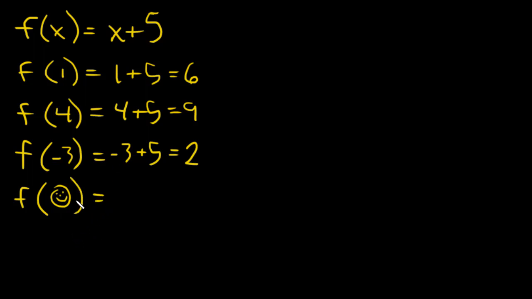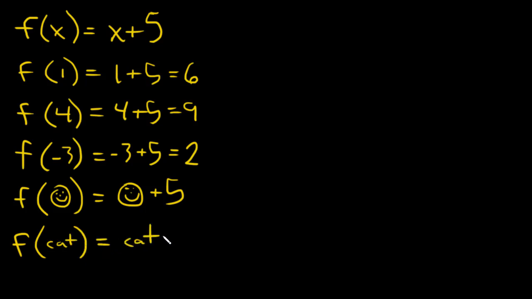Well, all I do is I substitute it in wherever there's an x in the expression. So f of x is x plus 5, so f of smiley face would be smiley face plus 5. And you know it's coming. What would I get if I did f of cat? Well, that would be cat plus 5.